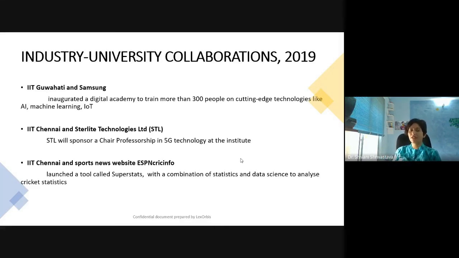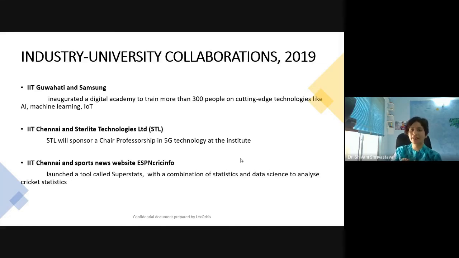So Samsung has started a collaboration with IIT Guwahati, where they are funding the project and also helping the research to understand the technology. They are giving training on the technology. They are providing all the expenses and all the facilities to conduct the research.